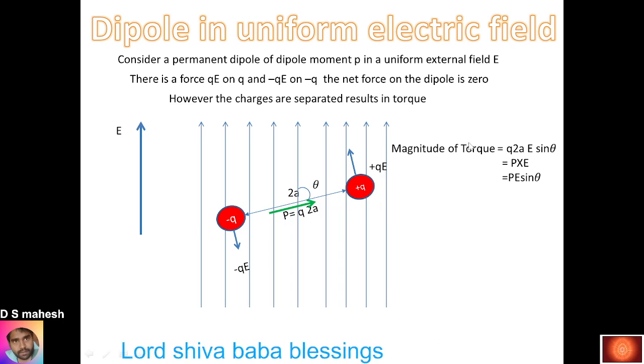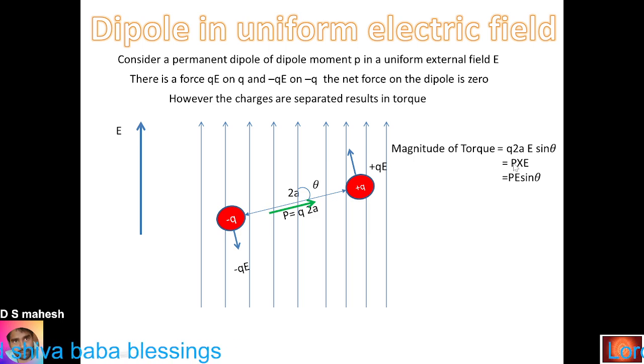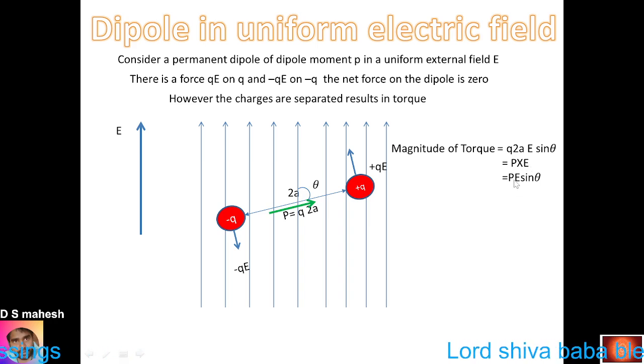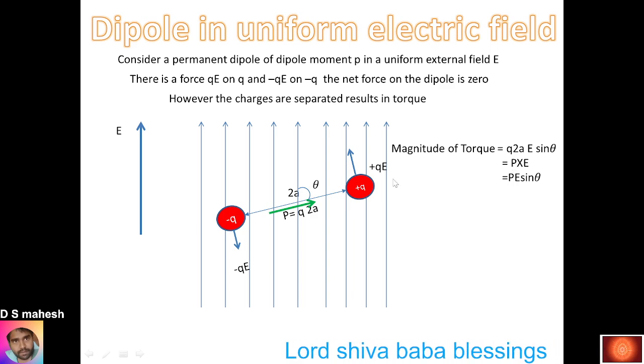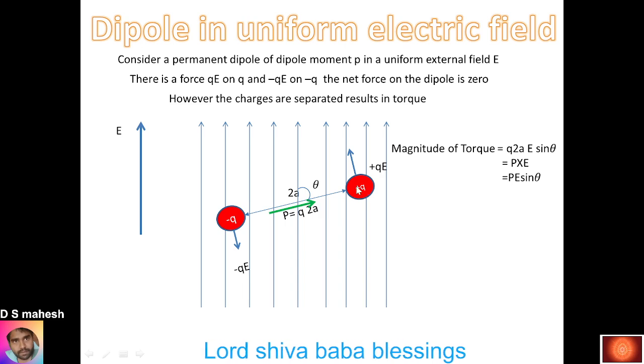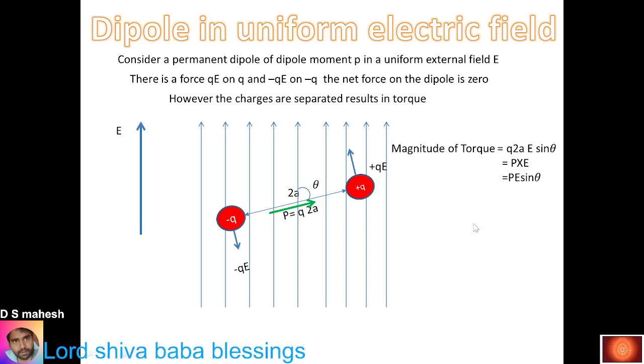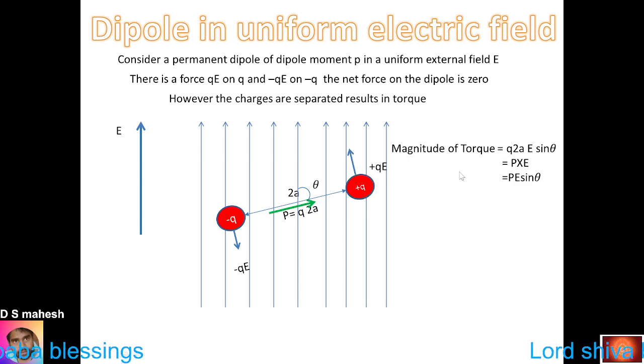What is the magnitude of this torque? The magnitude of the torque is given by the dipole moment cross electric field E, which can be written as PE sine theta, where the dipole moment P is nothing but the charge multiplied by the distance between the charges, that is 2a. So when will this torque become 0?